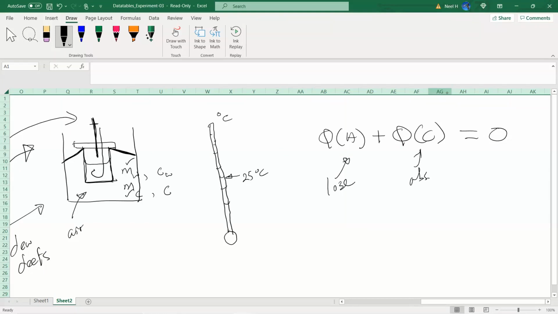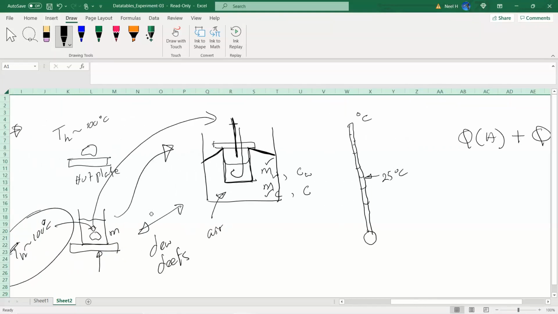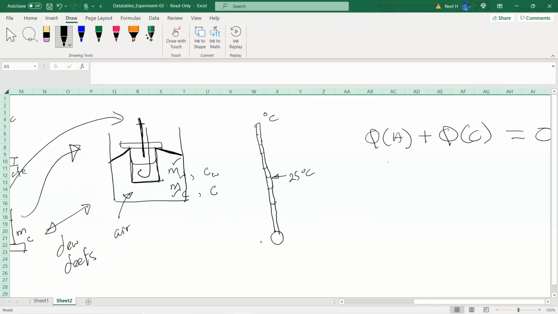Then by using this equation, I can build an equation to figure out, for example, the heat capacity of this metal piece, C. So we can write it down: heat loss from the hot object is the mass of the hot object, times the heat capacity of the hot object, times delta T, which is T final minus T initial, TH. Delta T is always final minus initial.